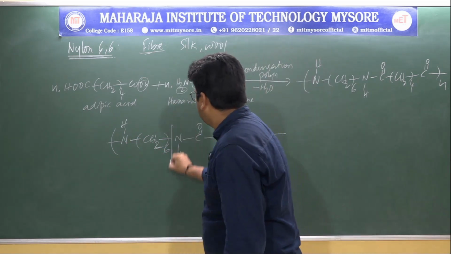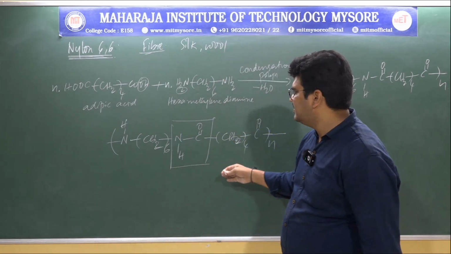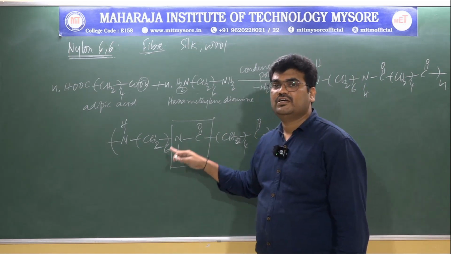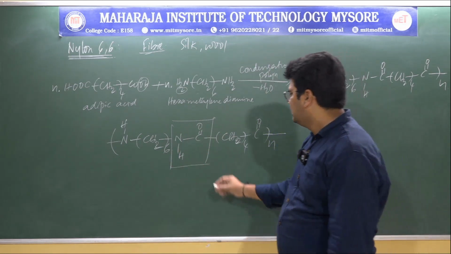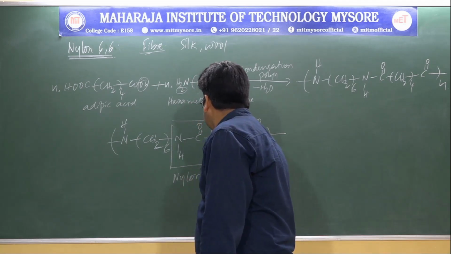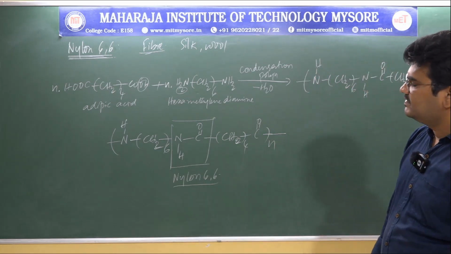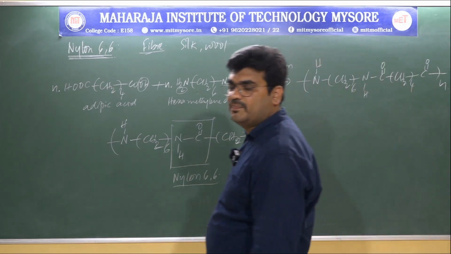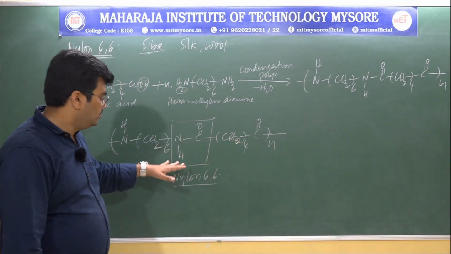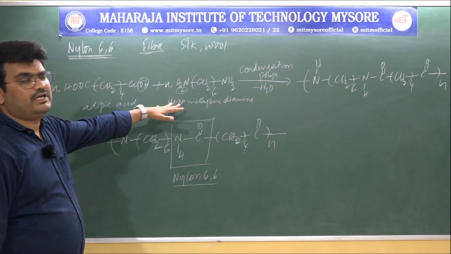This NHCO group is called an amide group. As it consists of linear aliphatic chains, this is an aliphatic polyamide. This product itself is called nylon 66. It is prepared by the condensation polymerization of adipic acid and hexamethylene diamine. Remember.